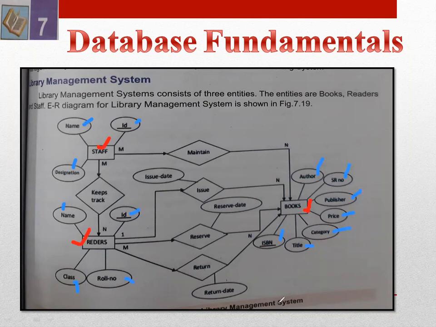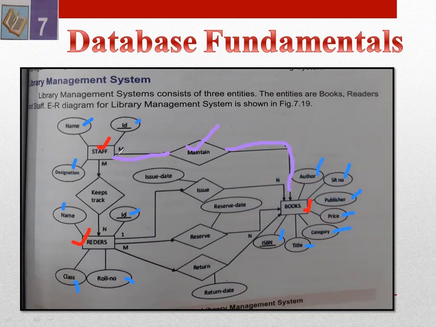Now they have relationships with each other. Here you can view the staff maintain. This is the relationship. The staff maintain books, books maintained by staff.